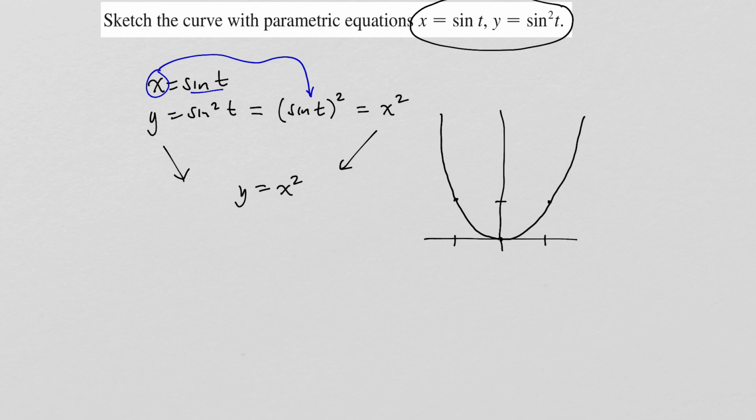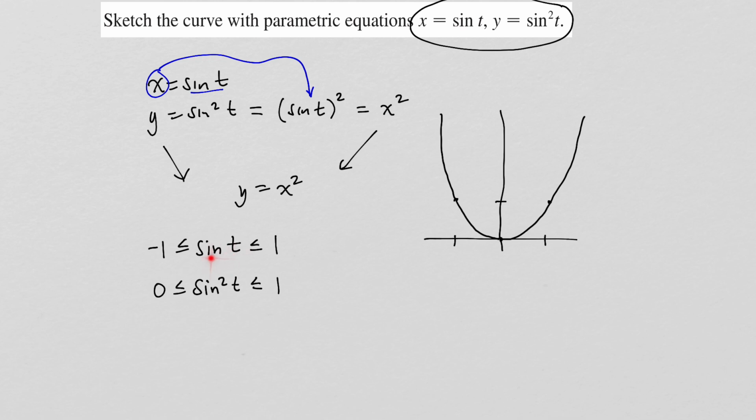Now let's remember that for any value of t, the sine of t is always going to be a number between 1 and -1. And therefore, sine squared of t is always going to be a number between 1 and 0. And this is because when you square something, it can never be negative.